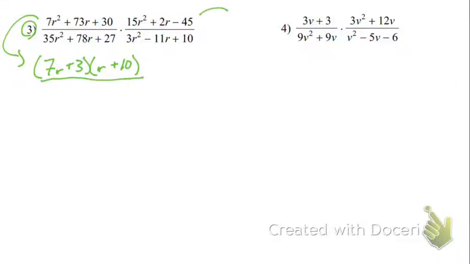Now, for the other numerator over here, 2 numbers multiplied to 15, maybe 3 and 5. And then 45, maybe that's 9 and 5. Trying to get 2 out of it. So, 5 times 5 and 3 times 9. That'll give me a 2 as long as I make one of them negative. Which one do I have to make negative? 3 times 9 is 27.